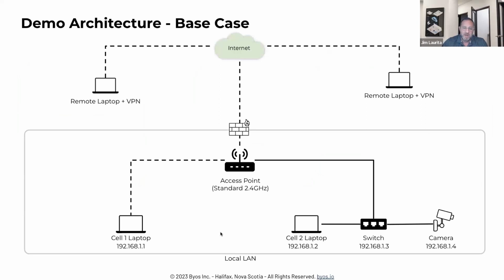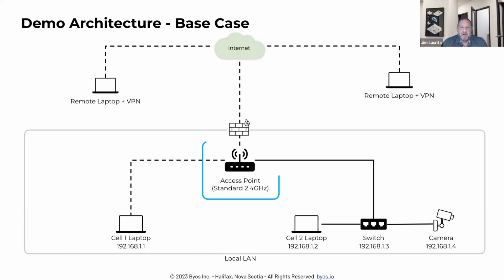Sure. Thank you, Ray. So what we've got here is what we're calling our demo architecture. This is our base case. What we're looking at here on the screen is essentially a representation of what a network may look like or could look like with regard to some remote users, as you can see above with the remote laptops connected to the internet, a perimeter firewall, right? We're all familiar with what a perimeter firewall is.